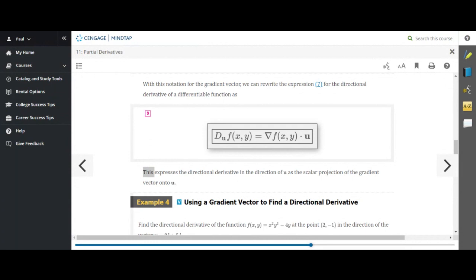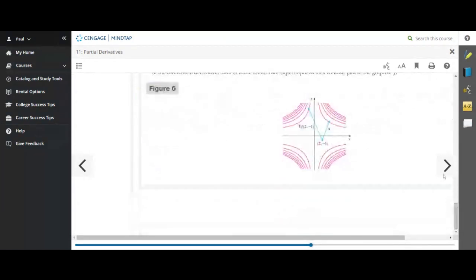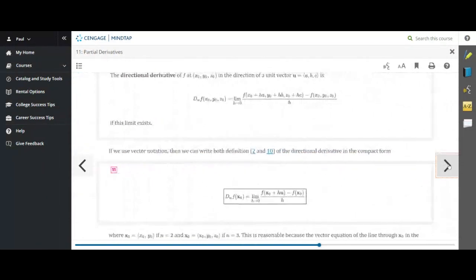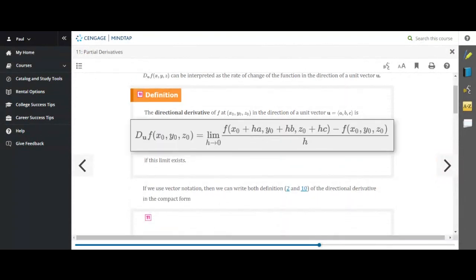Now, these rules follow for functions of three variables as well. Let me show you. So, functions of three variables. If you have a unit vector a, b, c, this is the definition of the directional derivative.